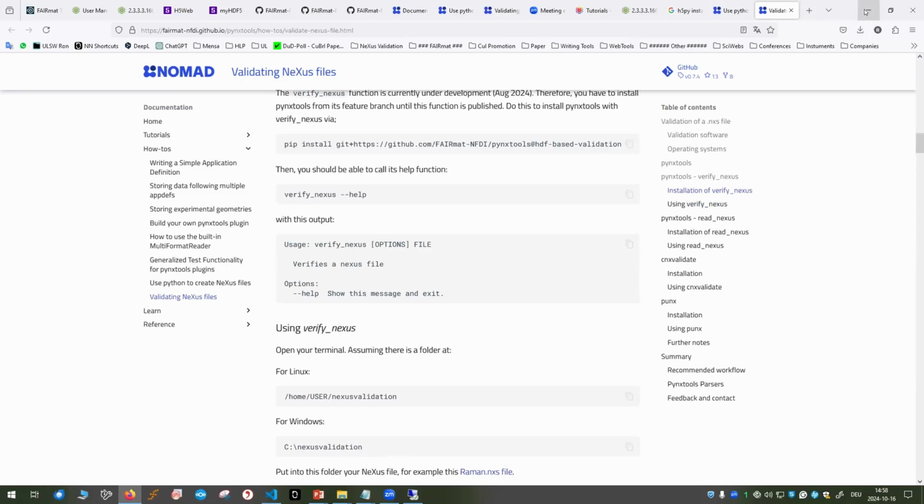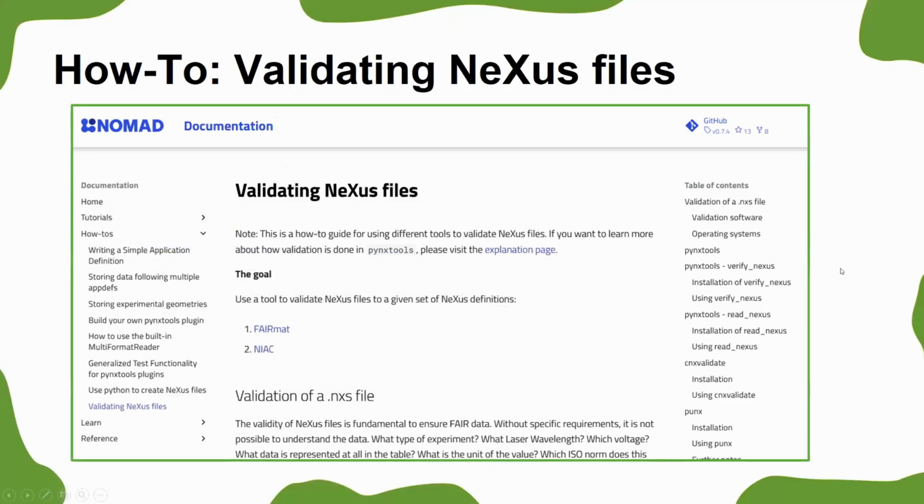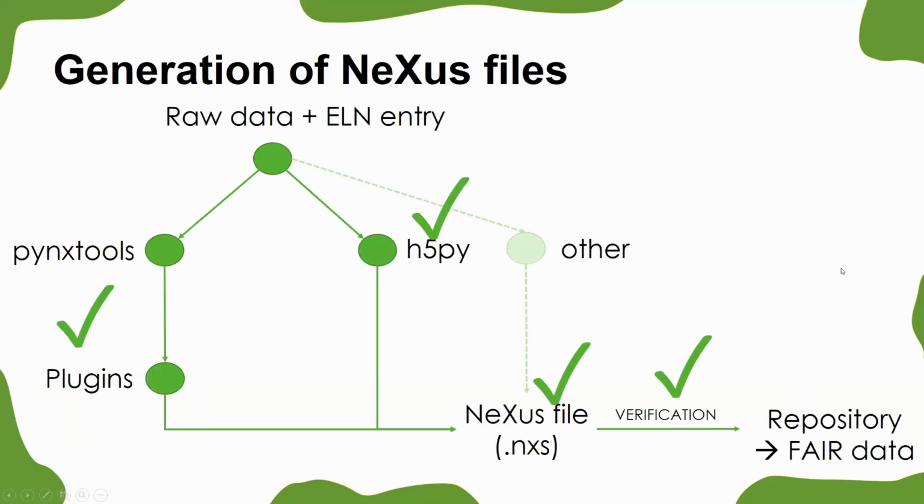And with this, I hope you now have enough content to validate your NeXus files. I showed how to verify this file, and in the end you can upload the data to a repository, and then you have really FAIR data.